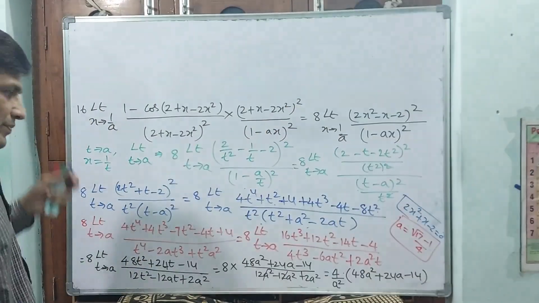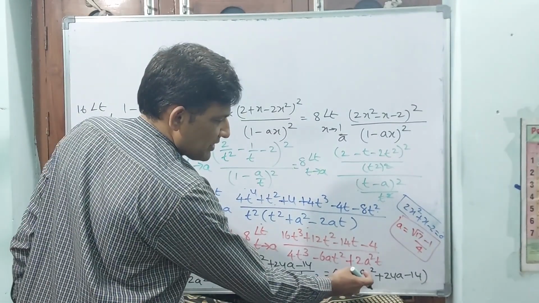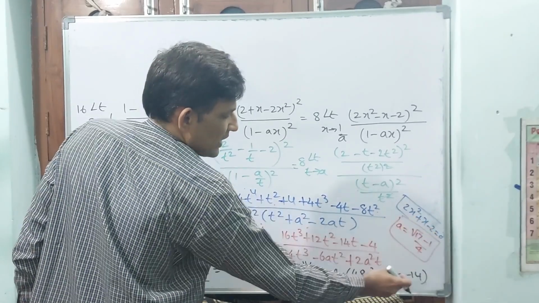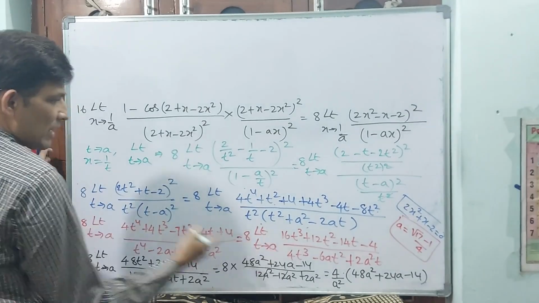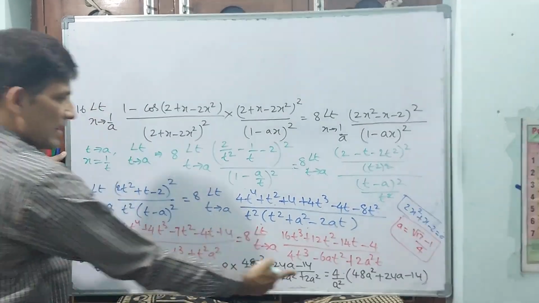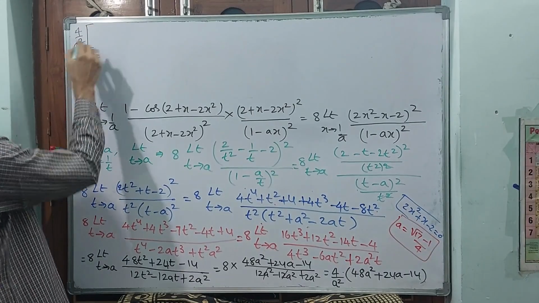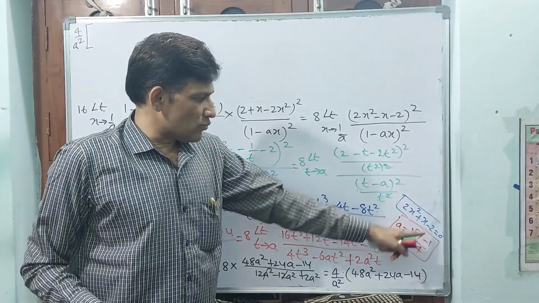Okay, now see, what if I take something common and make it 2x square plus x minus 2, then that is going to become 0. That will be very easy for me. See how I am writing. This limit value is 4 by a square into, we know that 2x square plus x minus 2 equal to 0.